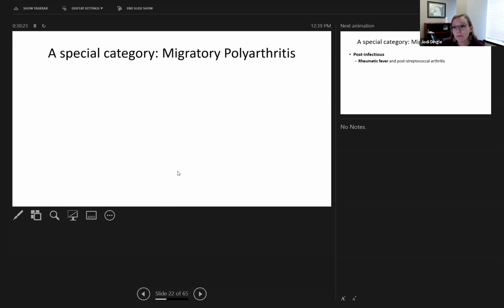So migratory polyarthritis is definitely its own special category. When you hear migratory polyarthritis, either on a test or in real life, I want you to think about rheumatic fever. There are very rarely other things that will migrate. And when I say migrate, I mean on Tuesday, I had painful limited range of motion of my wrist.